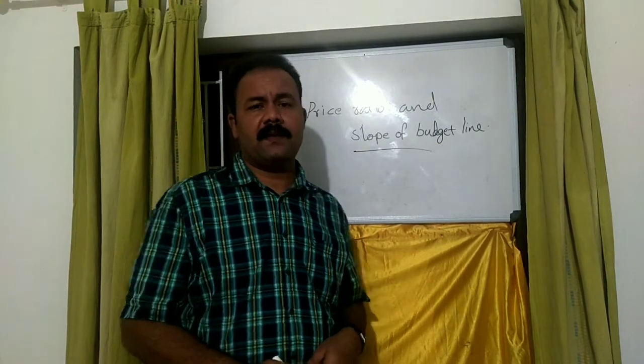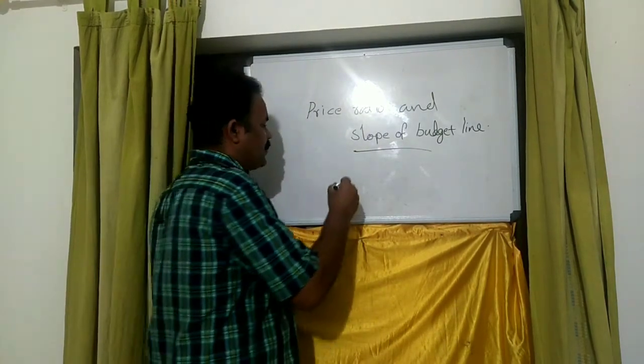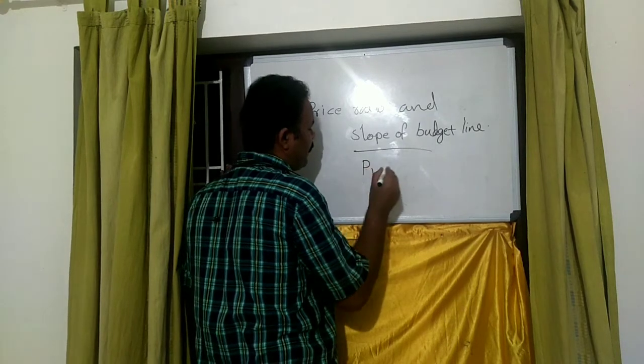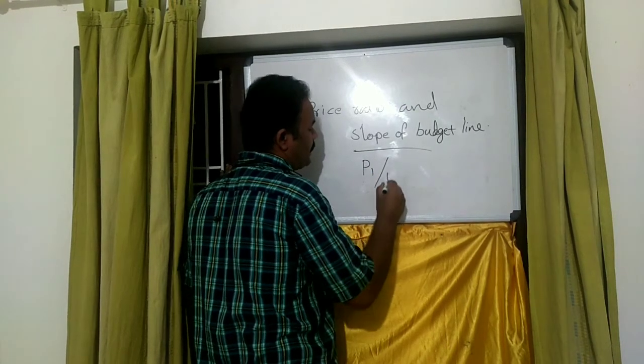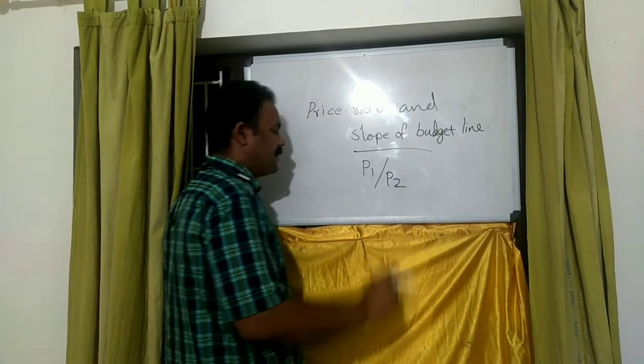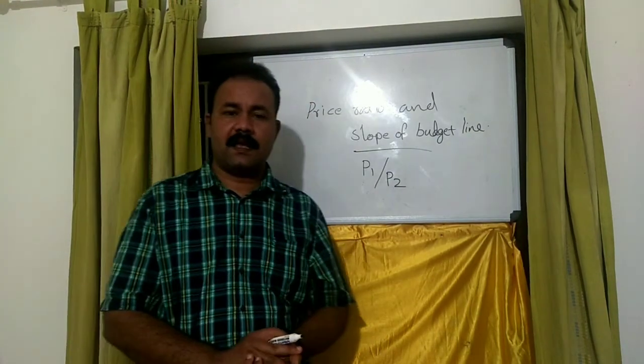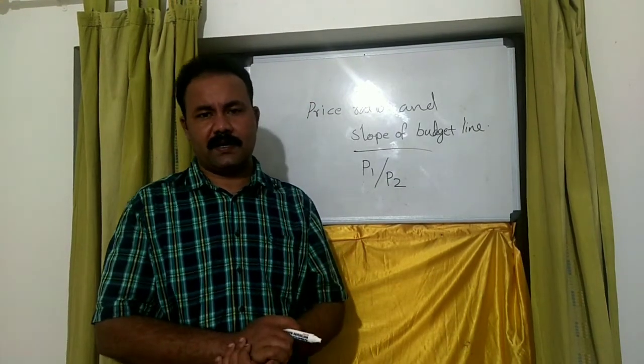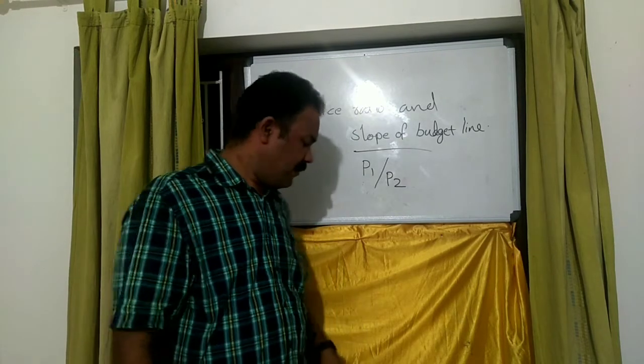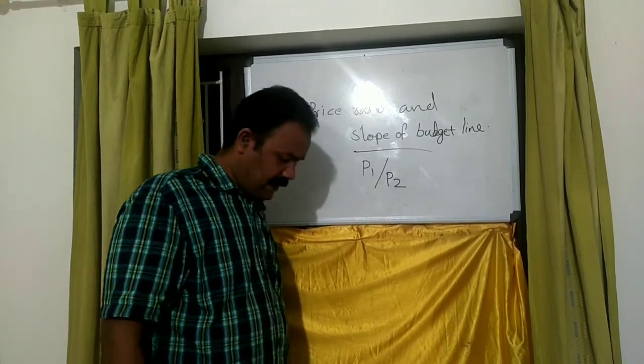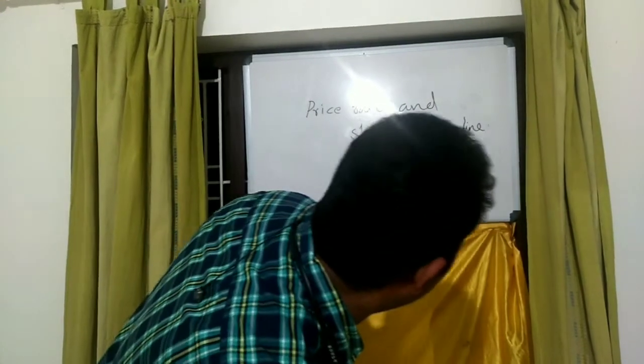P1 by P2. The ratio between the price of the first commodity and the price of the second commodity. That is known as the price ratio here. Okay, we can explain this with the help of a diagram.